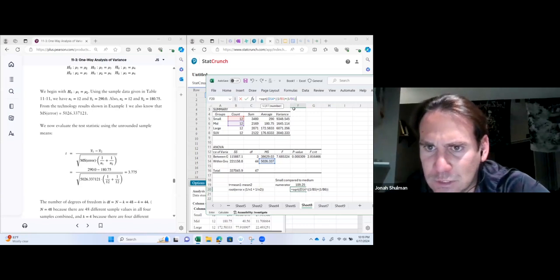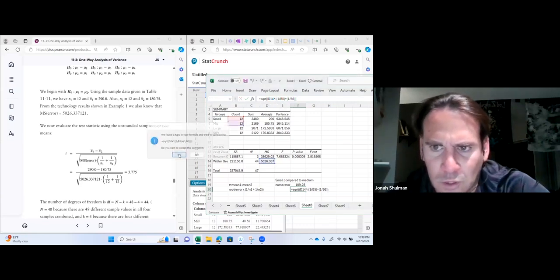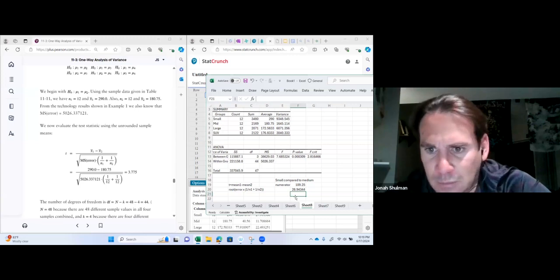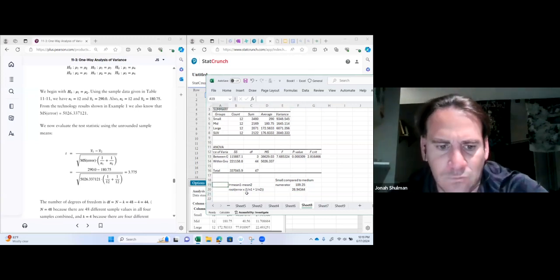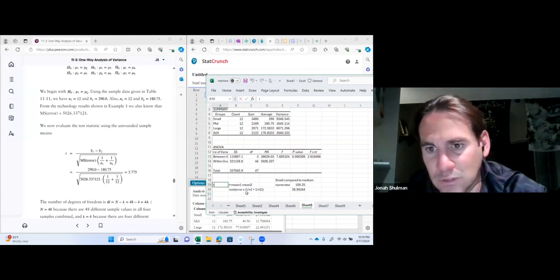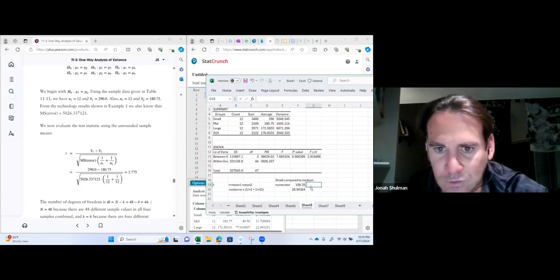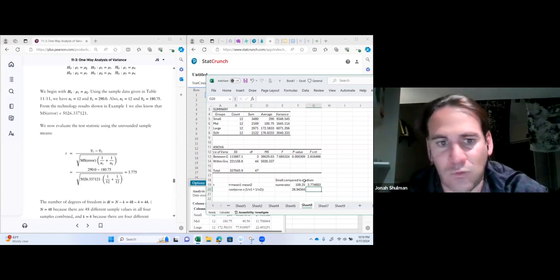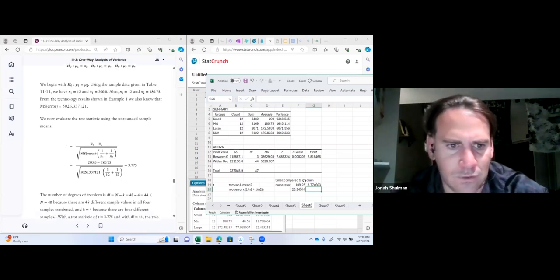All I have to do is close this again for the square root, and I should be good to go. Oh, I need one more. That's okay. So there's our bottom. So to get this value for this Bonferroni, which is basically like just doing a Tukey, all I have to do is take this value divided by this value. And oh my God, we got the same thing, 3.775.